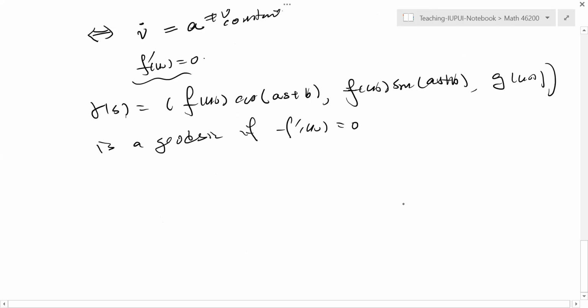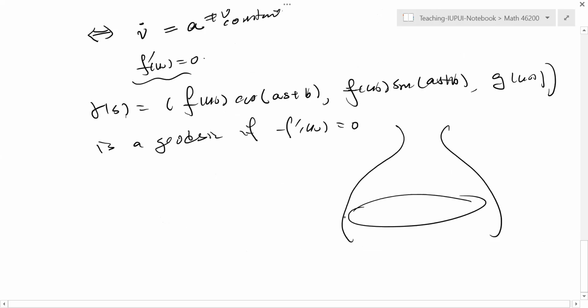F, yeah, so this is our picture. So this is the axis, right?